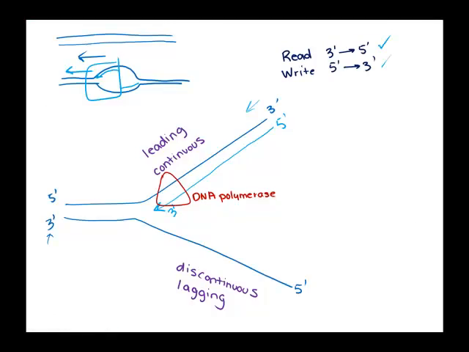Okay, so let's go back and let's start writing this down. Let's look at what happens on our lagging strand now. So, again, I have to be reading 3' to 5', so from left to right here, and let me draw a little arrow to signify that. Reading left to right here.